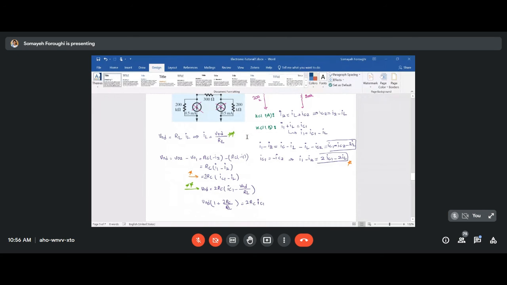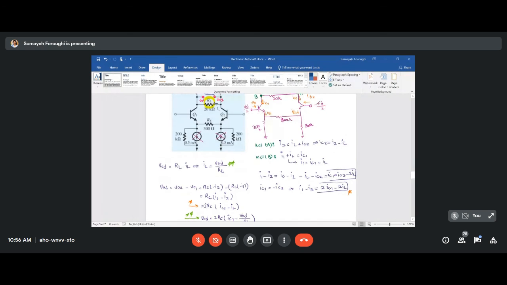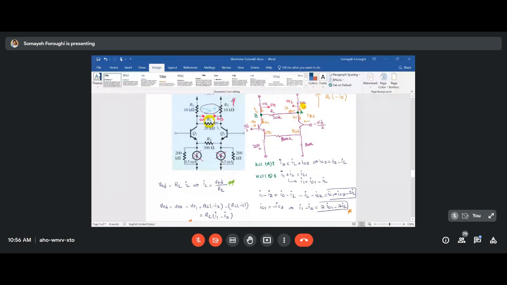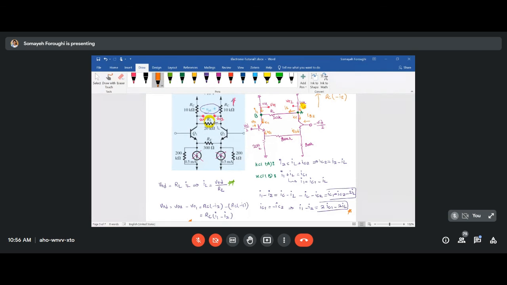So far we got all the way up to here. This is IC1. And I know that there is a relation. I actually didn't write this part, but we all know that there is a relation between IC1 and IB1. Let me write it here.